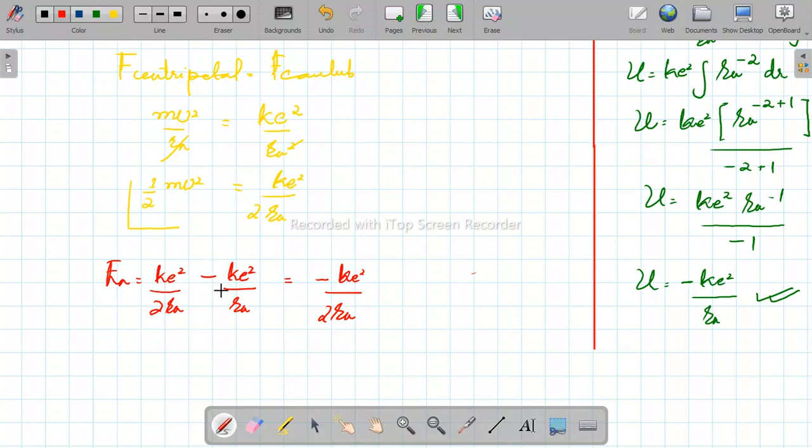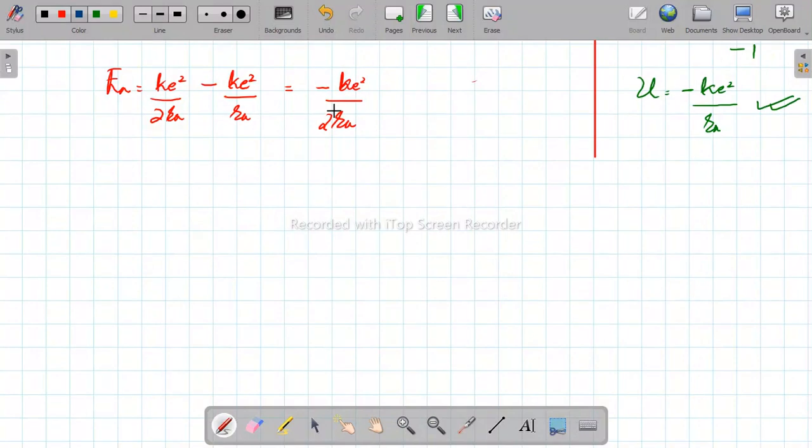While keeping this k e square over rn common. Okay? So you will get minus k e square over 2rn. This is the expression for energy in the nth orbit. But in the last lecture, we've already calculated the expression for radius in the nth orbit, right? So we'll just put in this radius here and then we'll get the expression for quantized energy.